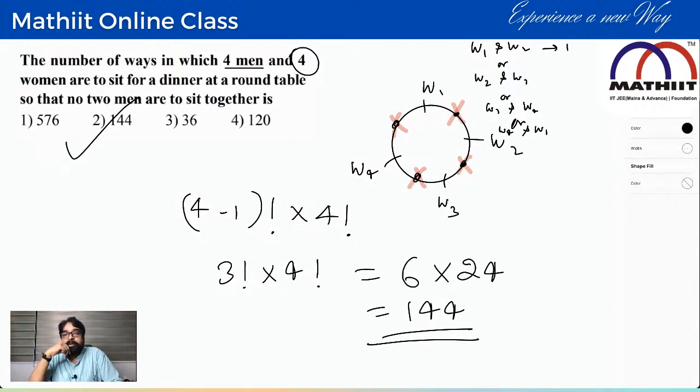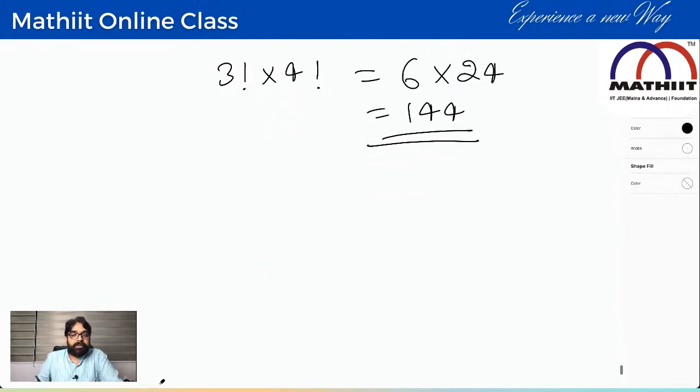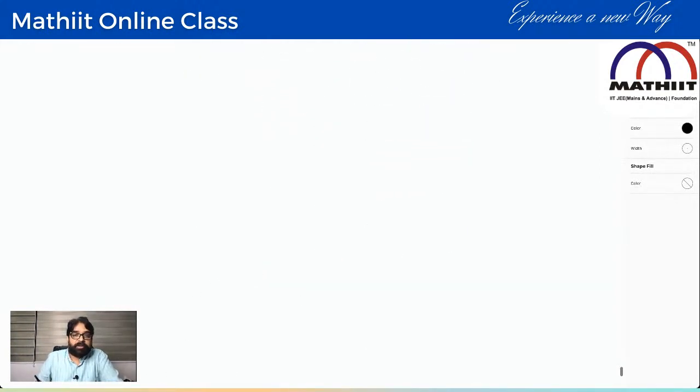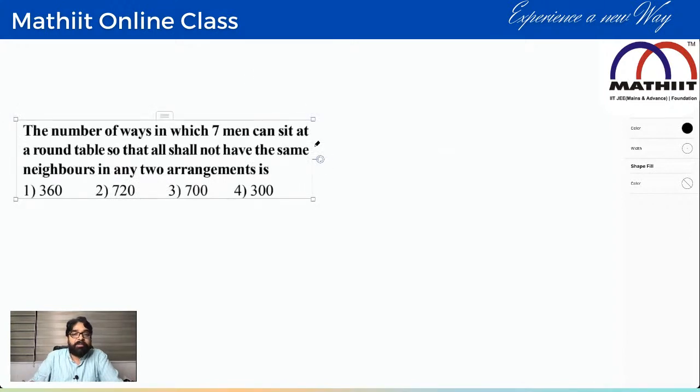Now is this clear to everyone? I think you are able to understand circular arrangement somewhat. Don't worry, when we do the problem solving session, it will become clearer.